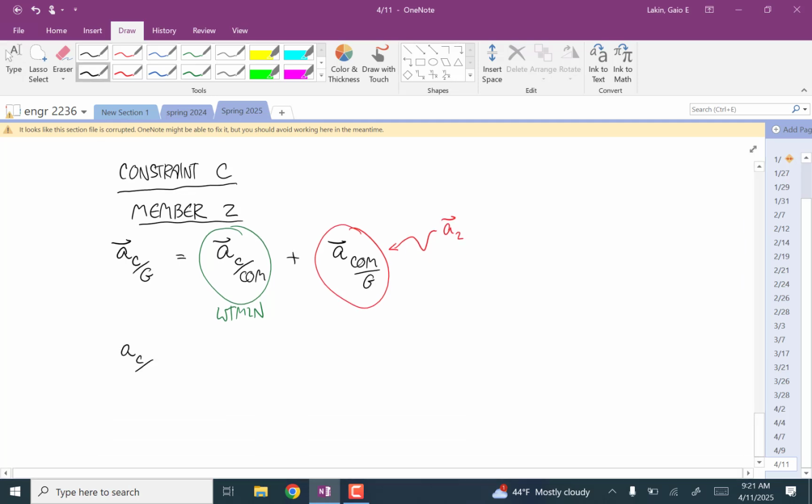The acceleration of C relative to the center of mass works pretty similarly to the last one we just did. We just have a different R vector. So I'm just going to plug that in here. So we have 0, 0, alpha 2 crossed with positive 0.25, 0, 0. Plus the omega terms go away. And this is 0 for x, positive 0.25 alpha 2 for y, and 0 for z.